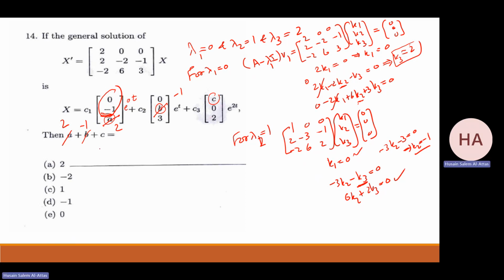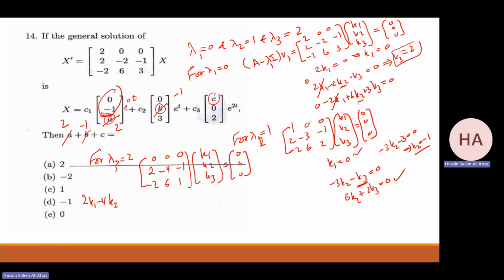Okay, now we'll do the last one, for lambda 3, which is 2. I have the system 0, 0, 0, 2, minus 4, minus 1, minus 2, 6, 1, times K1, K2, K3 equals 0, 0, 0. I can do the calculation, or I can do it right away. I say I have 2K1 minus 4K2 minus K3 equals 0.